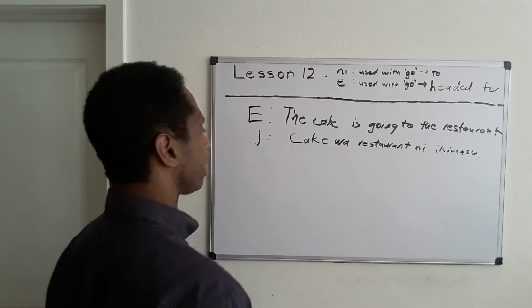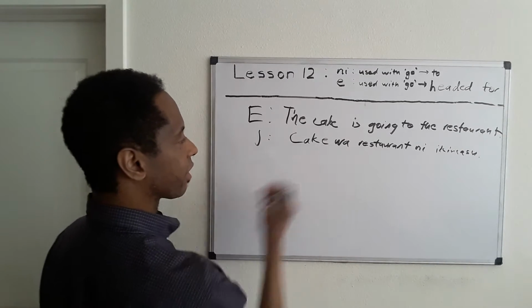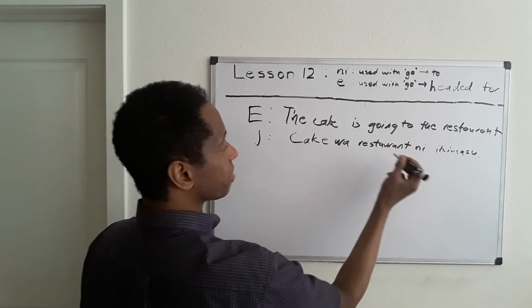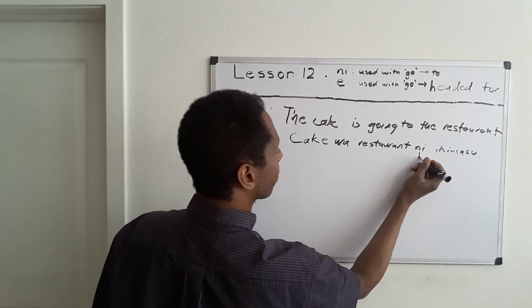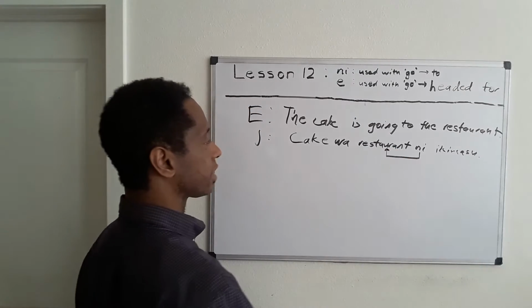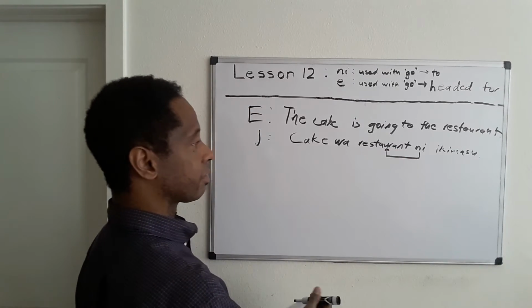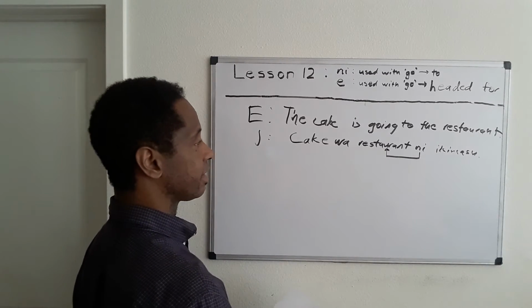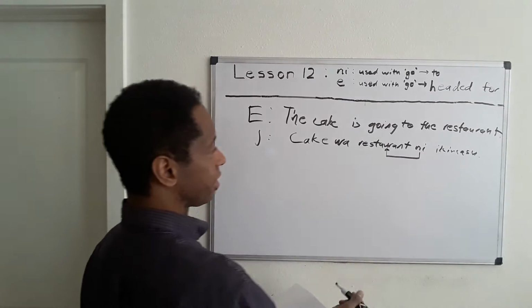Okay. The first part should be fairly straightforward. Ni, used with go to mean "to," states that basically with this one, restaurant to, very much like we use wa and o and all the rest. Restaurant ni ikimasu.